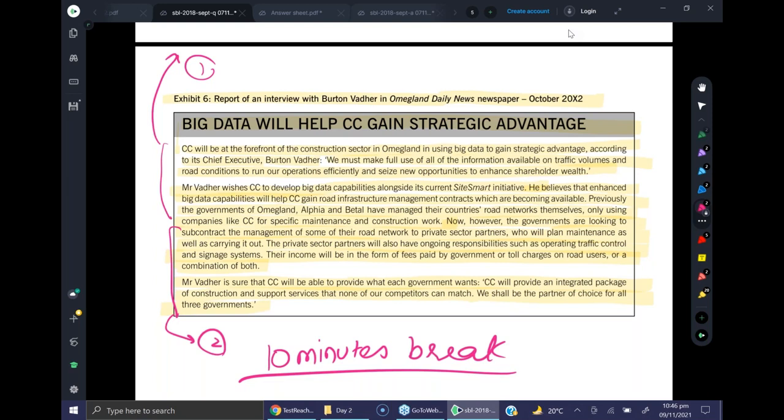So we'll skip some requirements like this control weaknesses discussion because we have already discussed it in detail. But for some of the requirements, we'll have to jot down the points and bring them together because we have learned the exhibits and now we'll see. So let's take a 10 minutes break and then complete the case study discussion. Any questions so far?